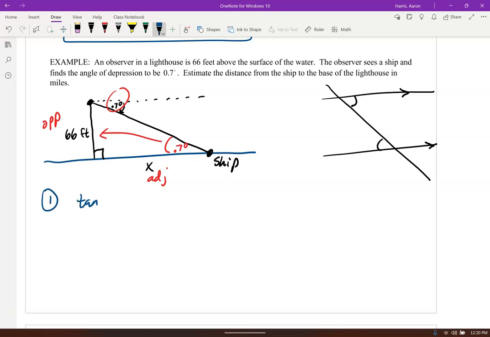So tangent 0.7 degrees is the opposite over the adjacent. Multiply both sides by x, to get the x on top. Divide both sides by tangent 0.7 degrees.